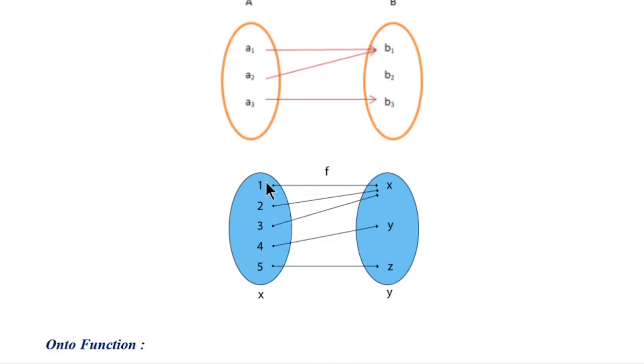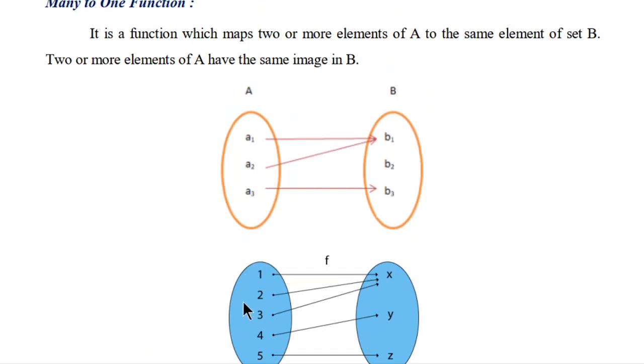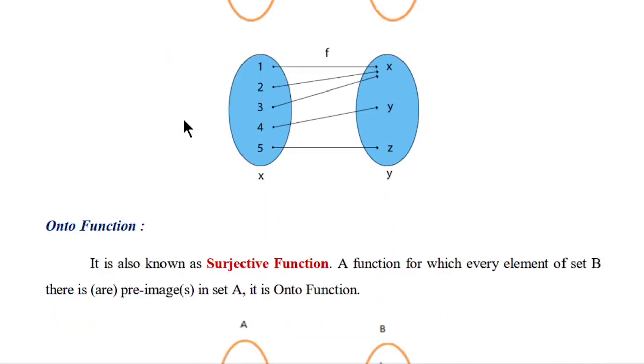Consider another example: 1, 2, 3 are mapped with X, 4 is mapped with Y, and 5 is mapped with Z. In this case, many elements in the domain are mapped with a single element in the codomain. So it is a many-to-one function.